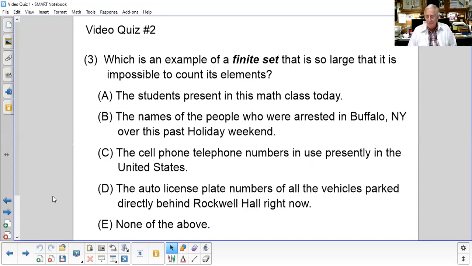The students that would be present in our math class today, if we were meeting on campus, the names of the people who were arrested in Buffalo, New York over the past holiday weekend, the cell phone telephone numbers in use presently in the United States, the auto license plate numbers of all vehicles parked directly behind Rockwell Hall on campus right now? Or would the answer possibly be none of the above?